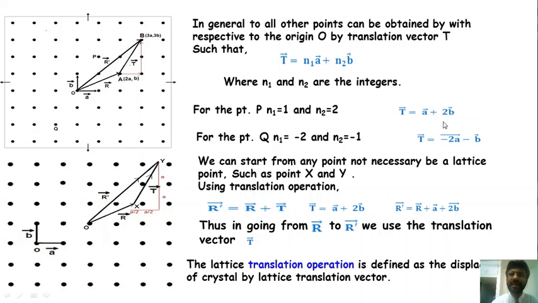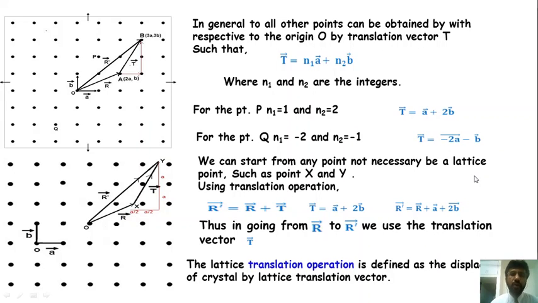Therefore, the translation vector for the point P is given as T is equal to A plus twice B, and the translation vector for the point Q can be expressed as T is equal to minus twice A minus B.